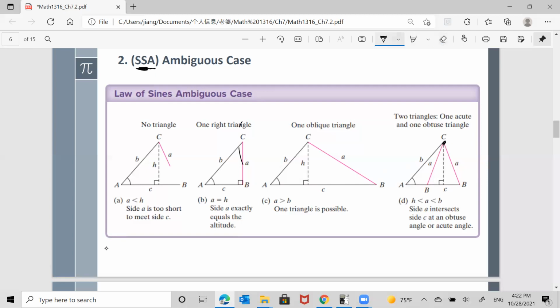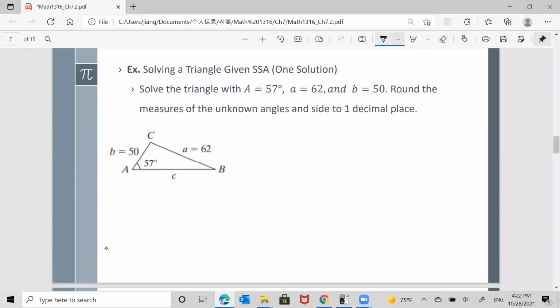Let's see. Solving a triangle given SSA, one solution. The hint is SSA and one solution. Solve the triangle with A equals 57 degrees, a equals 62, and b is 50. Round the measure of the unknown angles and side to one decimal place.